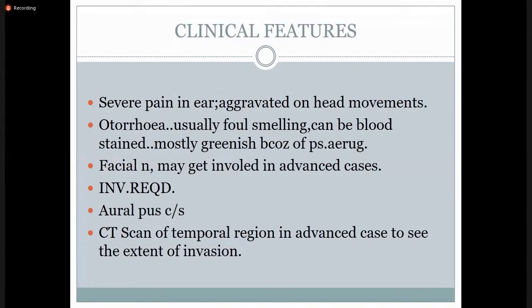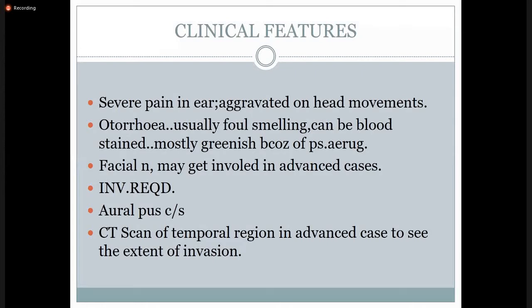In case of malignant otitis externa, the clinical features, what the patient tells the doctor, are severe pain in the ear, and this pain is aggravated on hand movements. There is discharge from the ear, called otorrhea, which is usually foul smelling, can be blood stained, and mostly greenish because of Pseudomonas aeruginosa.